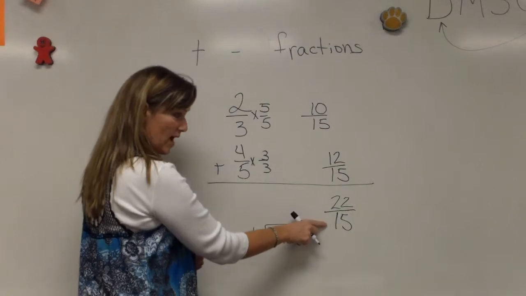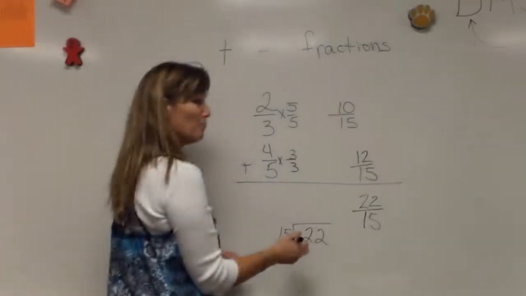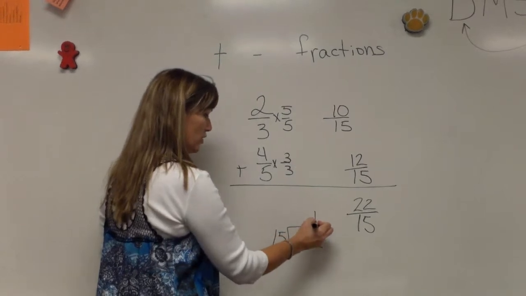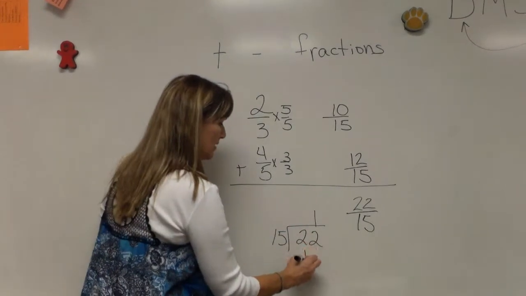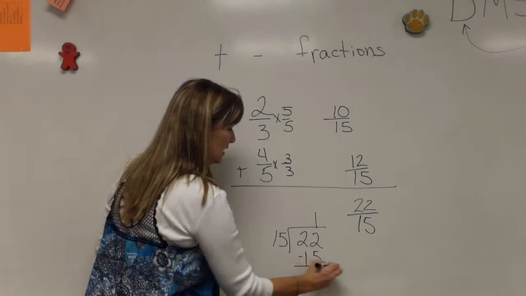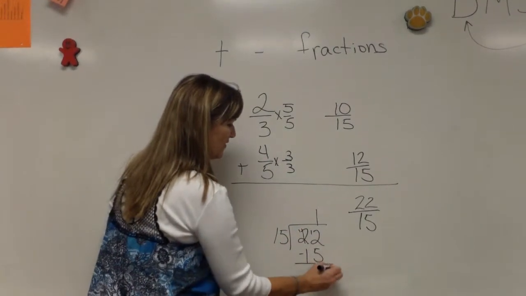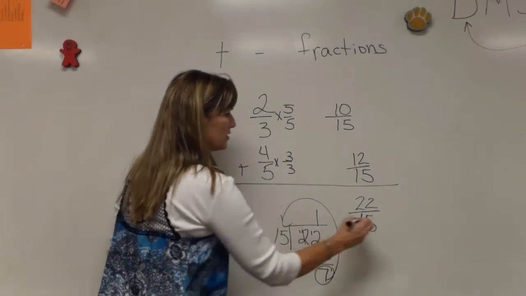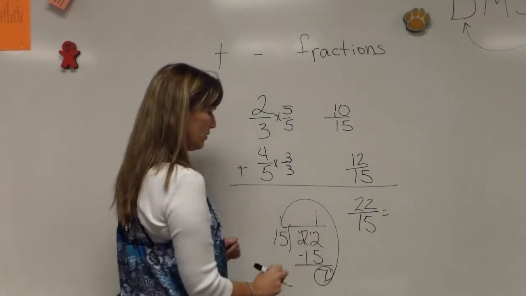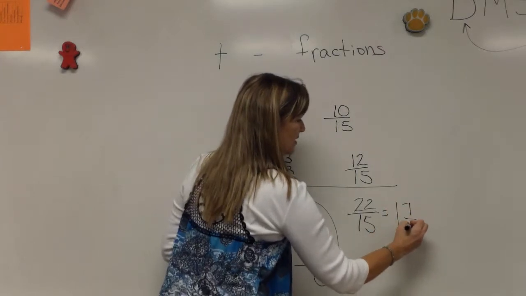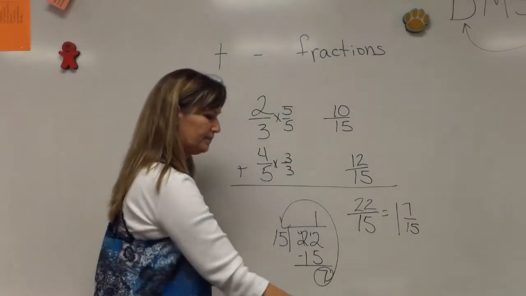This is an improper fraction, and I'm going to make it into a mixed number. How many times will 15 go into 22? 1 time. 1 times 15 is 15. I'm going to subtract. I have 7 left. So when I reduce 22 over 15, I have 1 and 7/15.